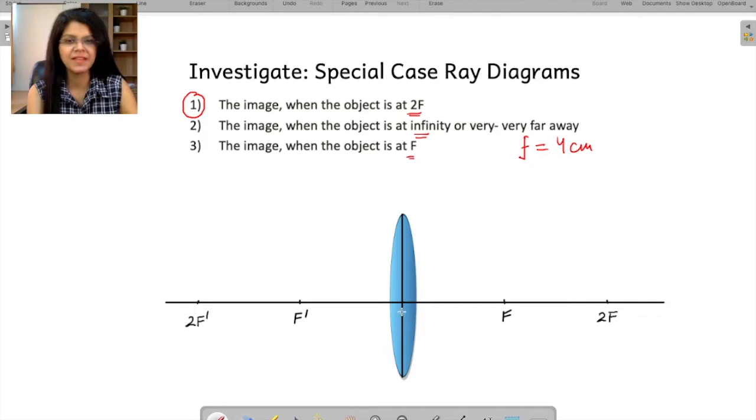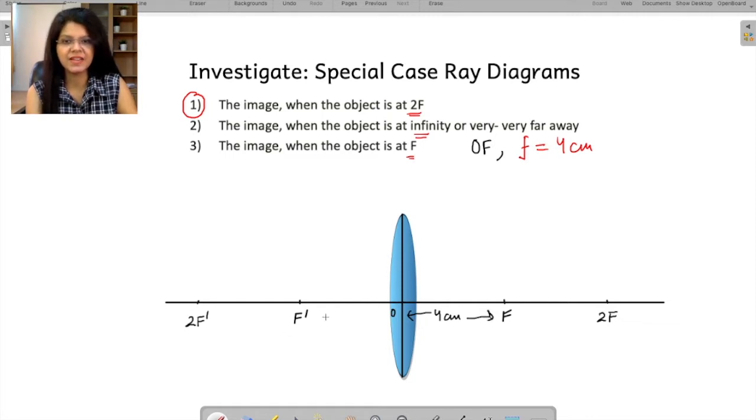What does it mean? Let us call this center point as O. What does it mean? That the length of OF, which is your focal length, is 4 centimeters. This is your 4 centimeters.